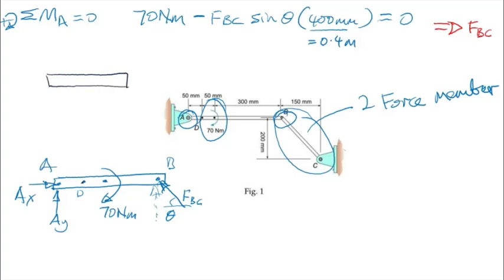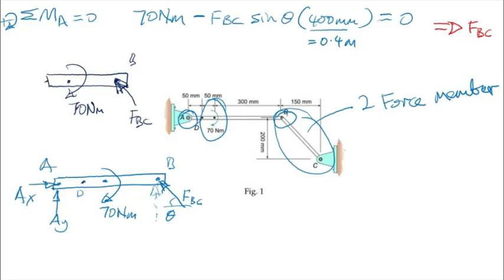If you draw from the right, that's point B. So we have FBC acting at point B. We have 70 Newton meters at the point there. You know the direction or the distance from the question given.